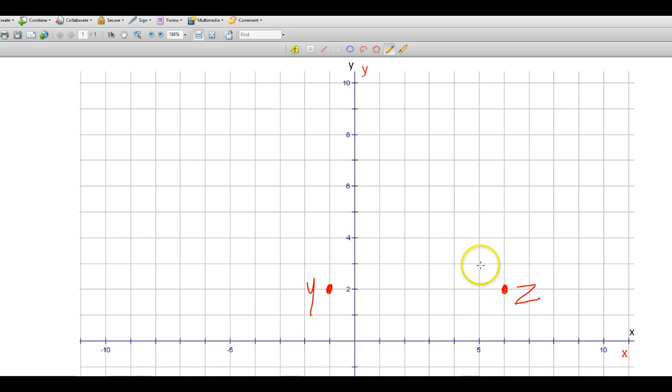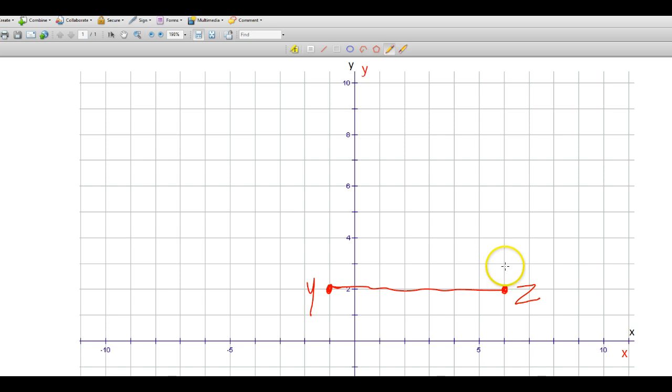And our direction said that our right angle is at Z, and we want the coordinates of X in quadrant 1. So this is quadrant 1. So we know that it's going to be up here somewhere, and it has to be 45, 45, 90. Our legs are congruent, so this leg has a length of 7.